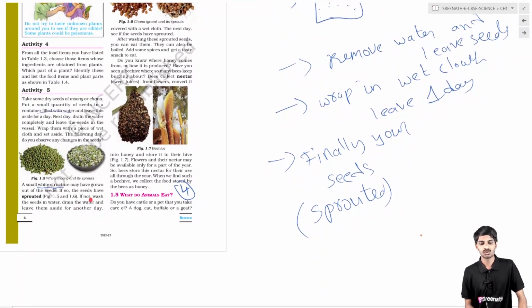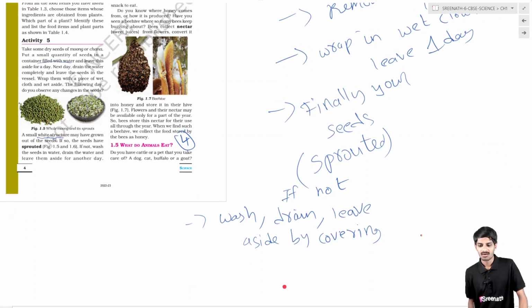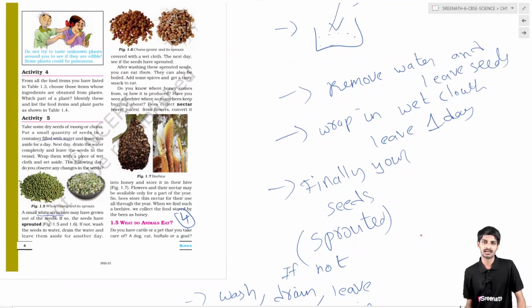If not sprouted, wash the seeds again in water, drain the water and leave them aside for another day, covering them with a wet cloth.